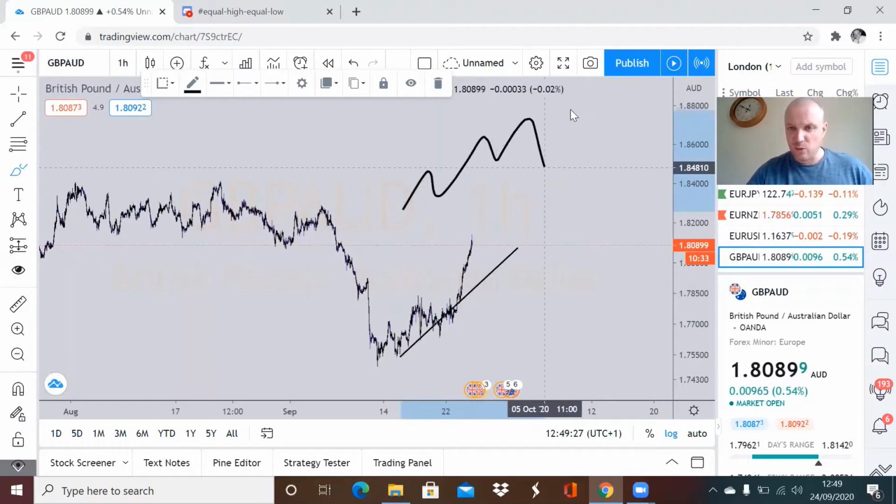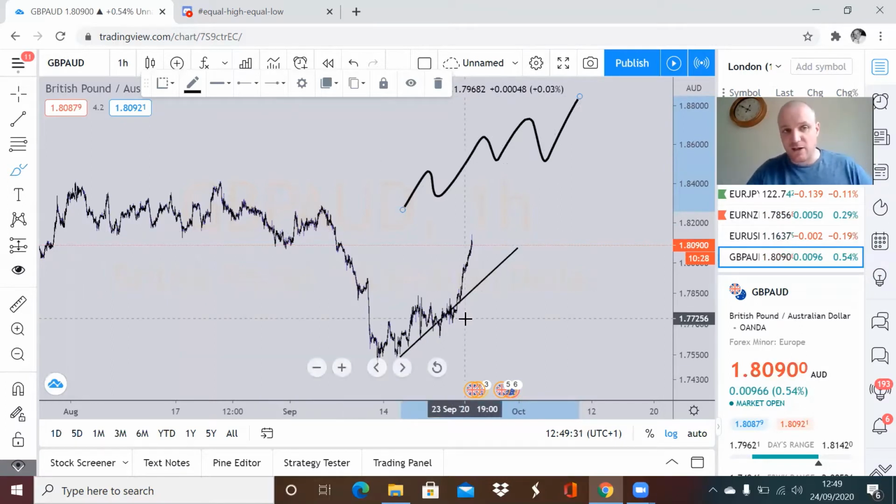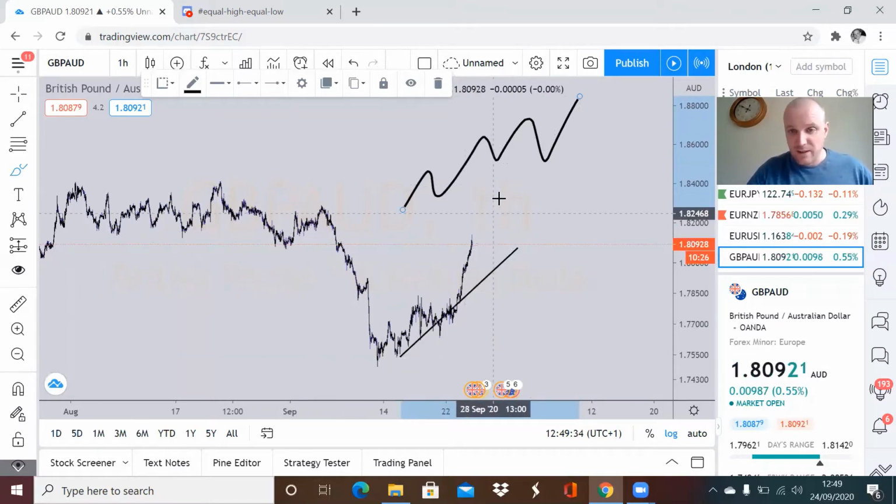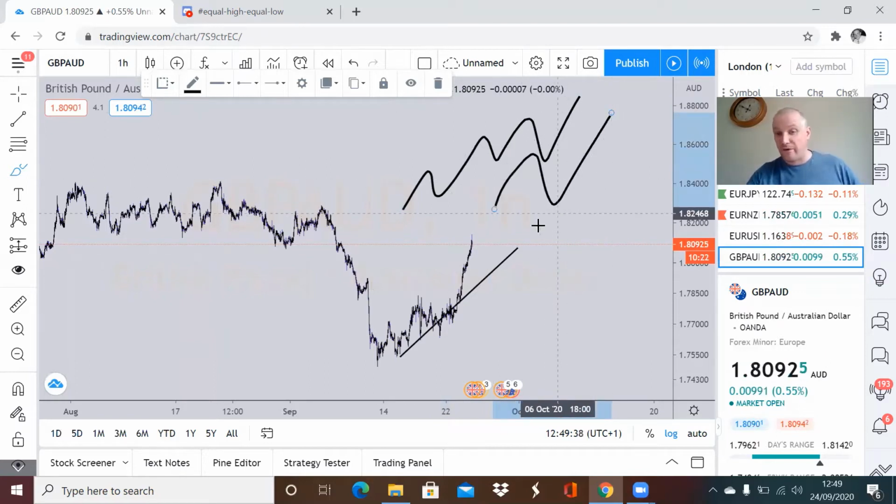What looks like that on a 15 minute, half hour or 1 hour time frame might look a bit like that on the 4 hour.